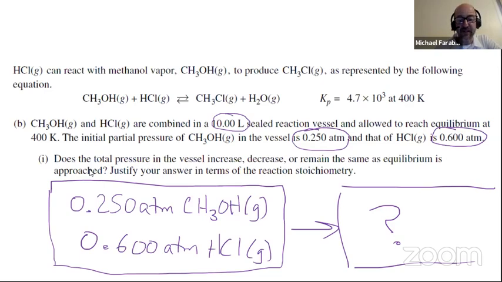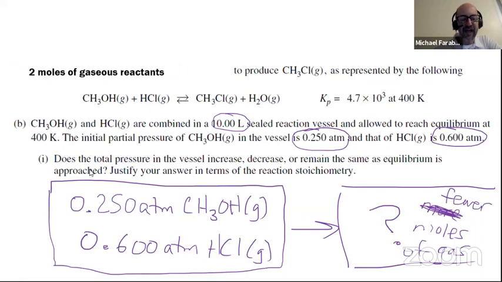Now, the pressure could increase if we have more moles of gas. The pressure could decrease if we have fewer moles of gas. So let's take a look at our equation. Well, I see 2 moles of gaseous reactants, and I see 2 moles of gaseous products.